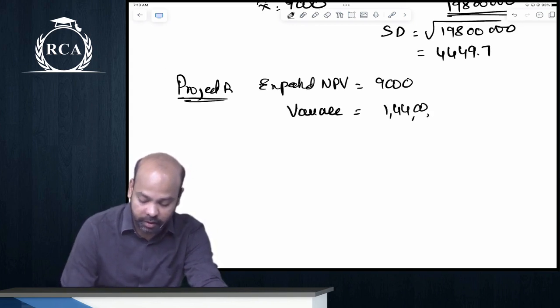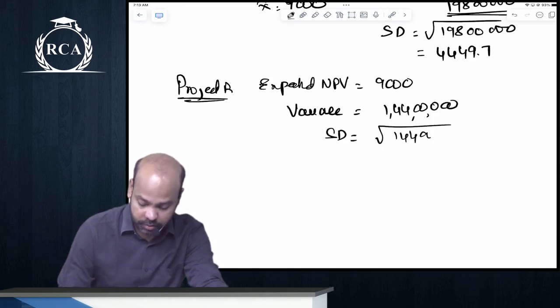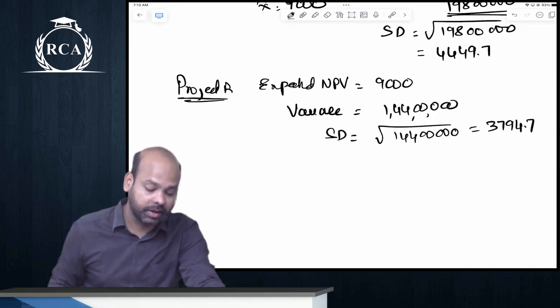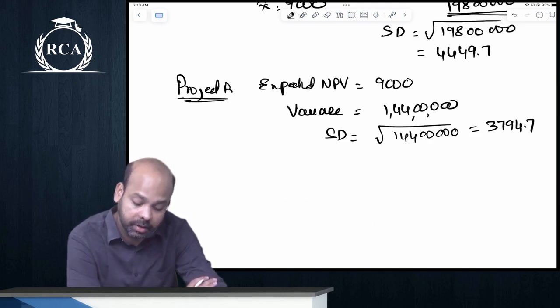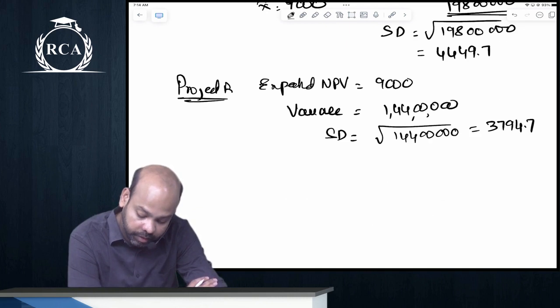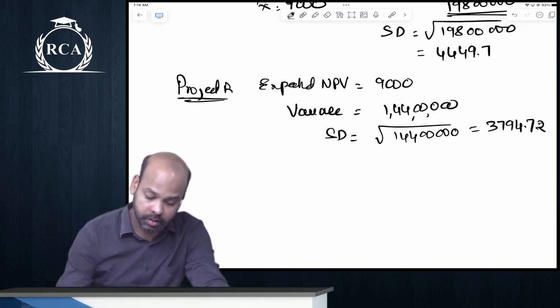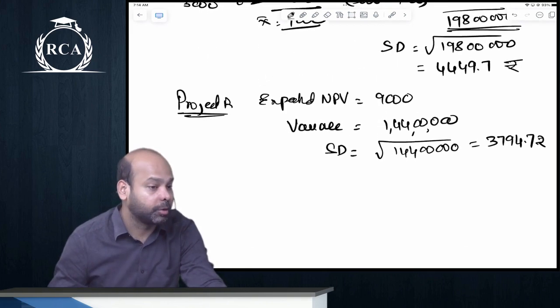So standard deviation beta would be 3794.73, guys. This will be the standard deviation. We've computed both variance as well as standard deviation beta. Everyone got it, beta, project A and project B.